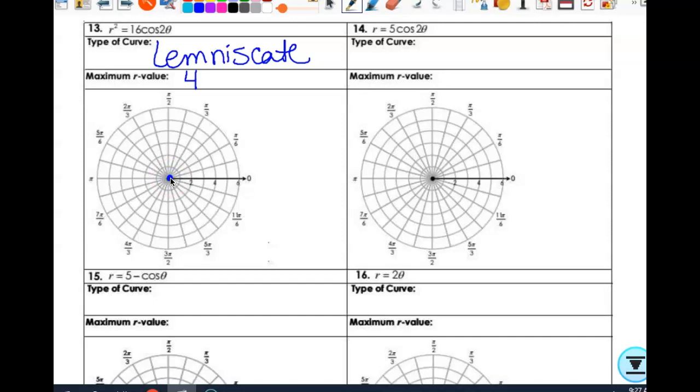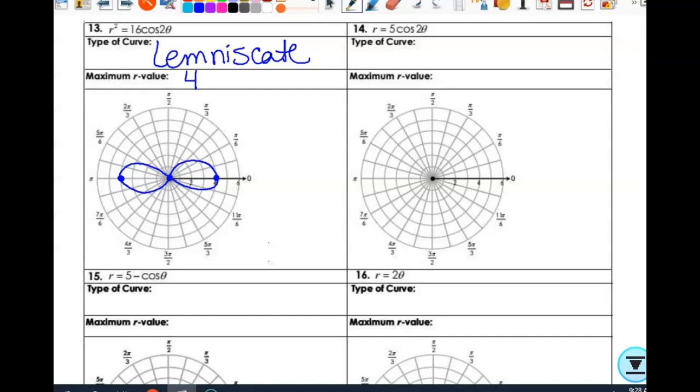Since it's cosine, do we start left, right, up, or down? Left and right, yeah. So I have one here and one here. And then you just sketch it in like a bow tie, like infinity. Okay. We good? All right.